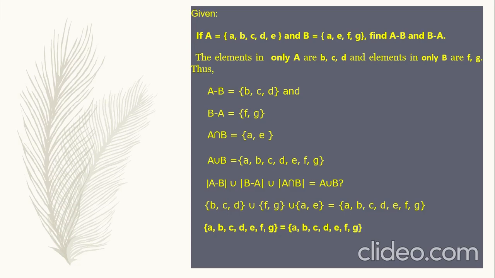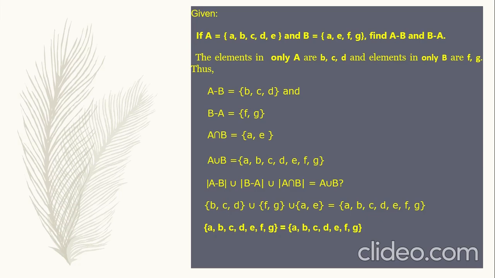Hahanapin mo yung elements ng A, na hindi mo makikita sa B. So, in this instance, for set A, we have B, C, and D. Yung elements na B, C, and D, wala yan siya sa elements ng set B. So, that's why the difference of A and B is equal to B, C, and D.